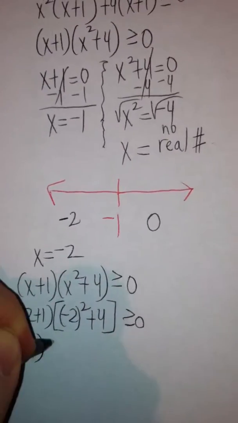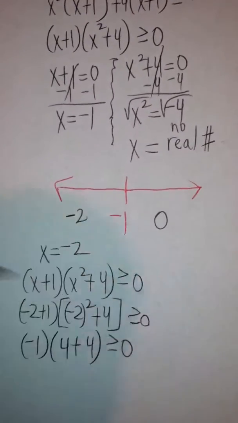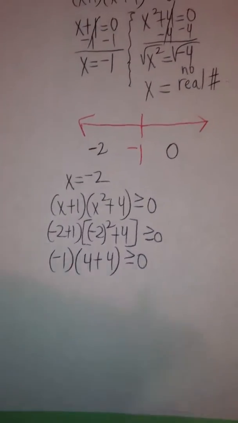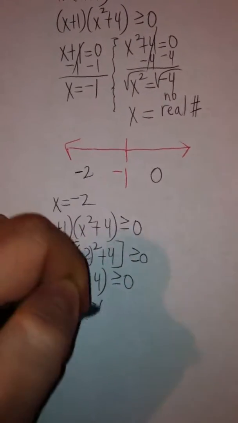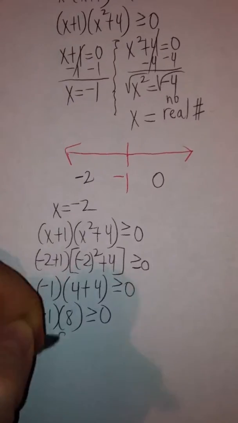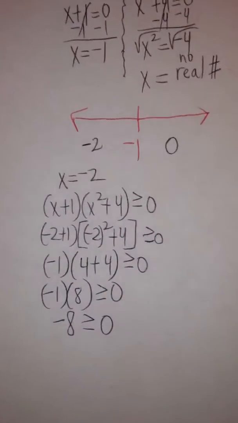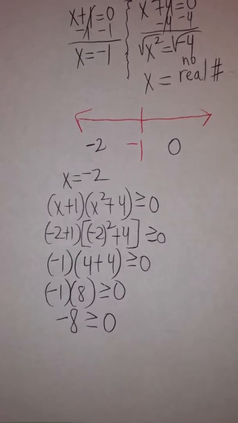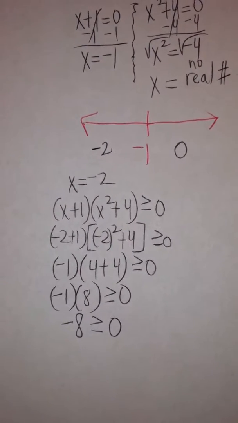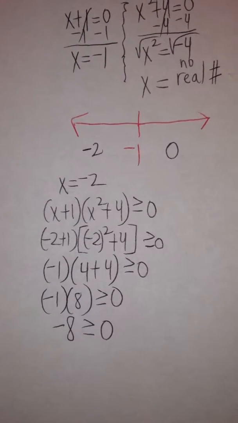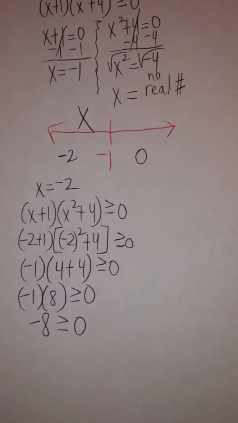This will give you negative 1 times 4 plus 4, which will leave us with negative 1 times 8. We have negative 8 is greater than or equal to 0. Is this true or false? Right, this is definitely false. So anything less than negative 1 will not be a part of our solution.